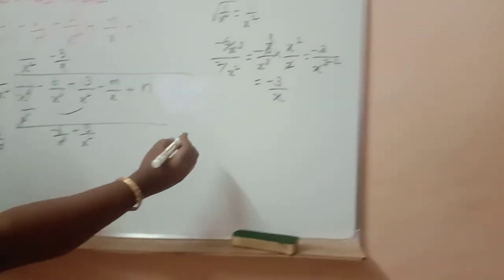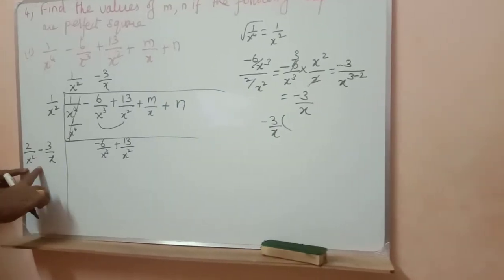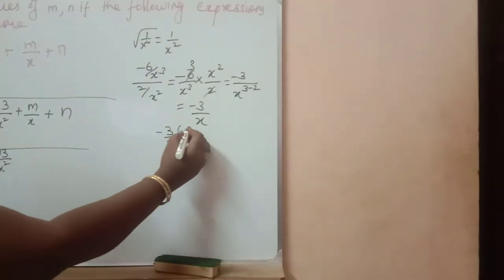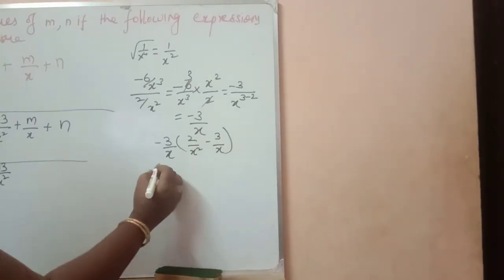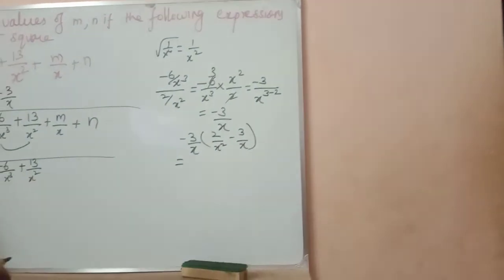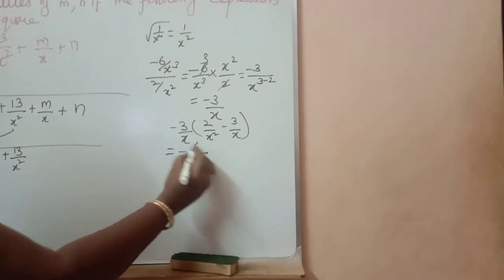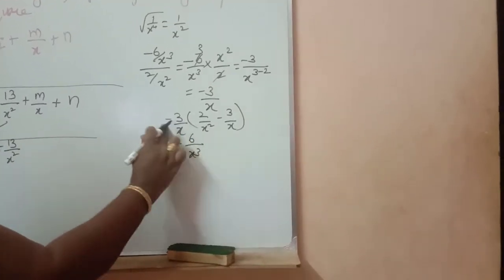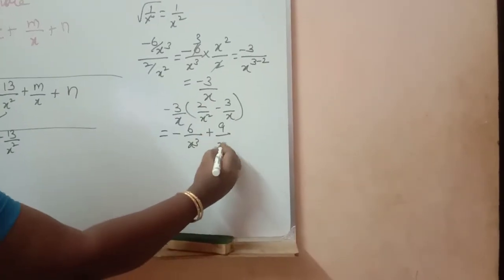Now we have to multiply minus 3 by x with these two terms. 2 by x square minus 3 by x. Same procedure, but fraction is there, so do little carefully. Minus into plus minus, 3 2s are 6, x into x square, x cube. Minus into minus plus, 3 3s are 9, x into x, x square.